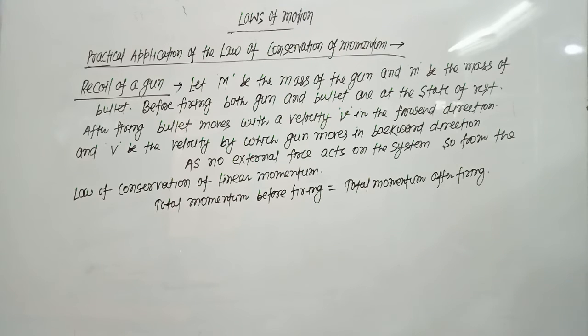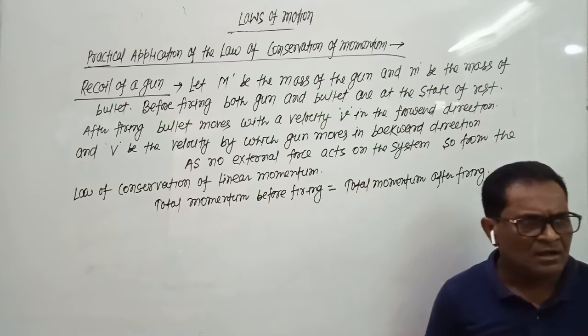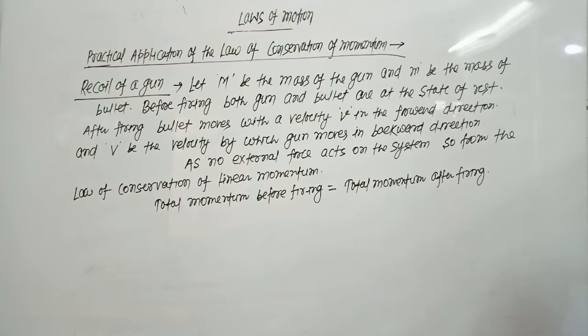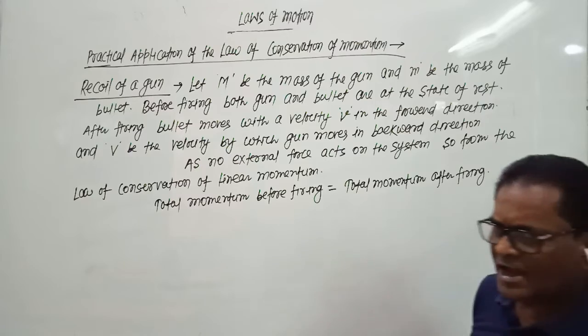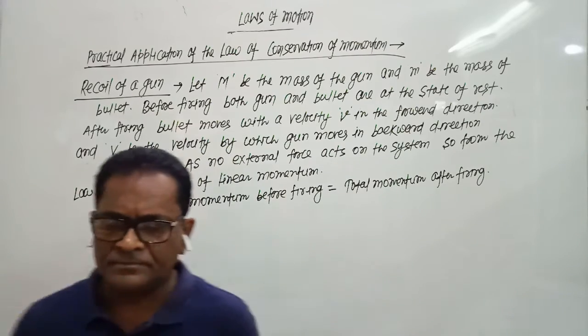Since no external force acts on the system, a system of gun and bullet, therefore from the conservation of linear momentum, we can say that total momentum before firing must be equal to total momentum after firing.